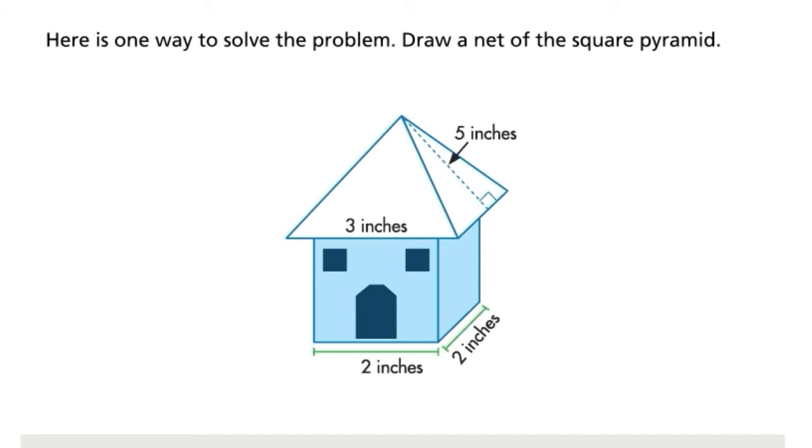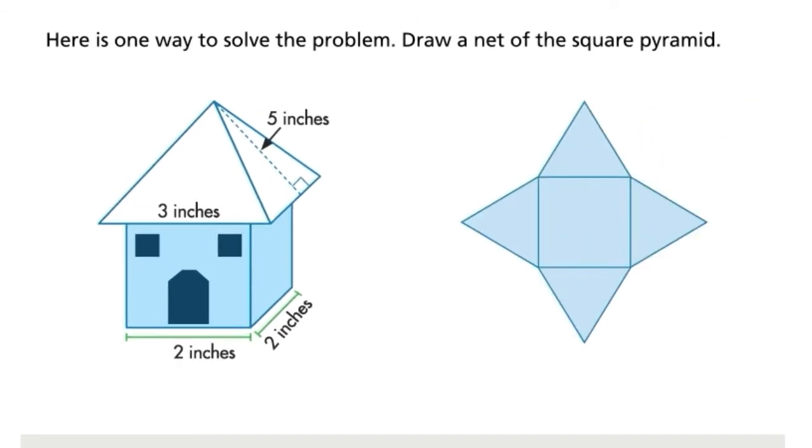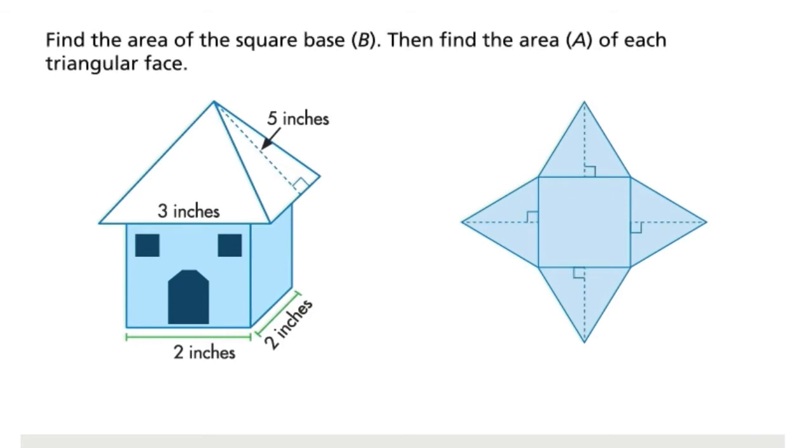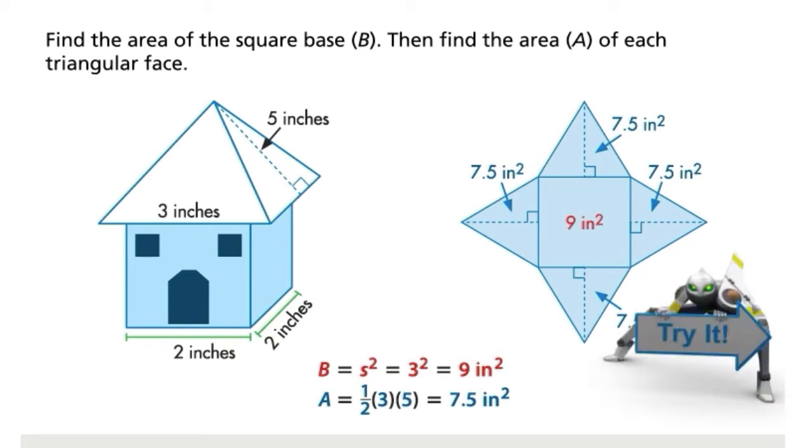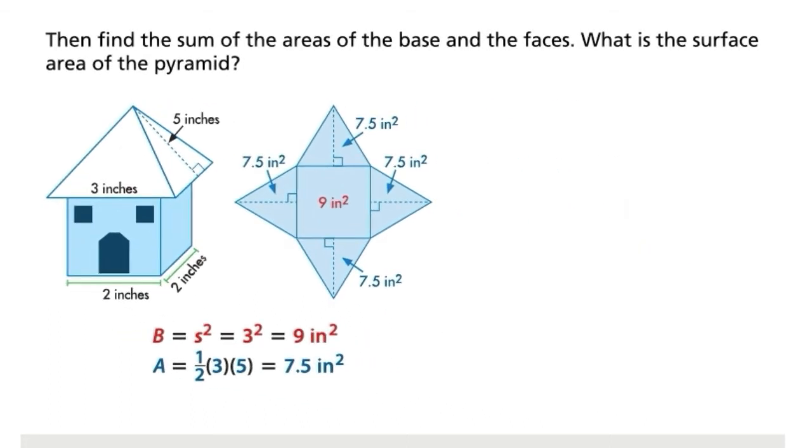Here is one way to solve the problem. Draw a net of the square pyramid. Find the area of the square base, B. Then find the area, A, of each triangular face. Then find the sum of the areas of the base and the faces. What is the surface area of the pyramid?